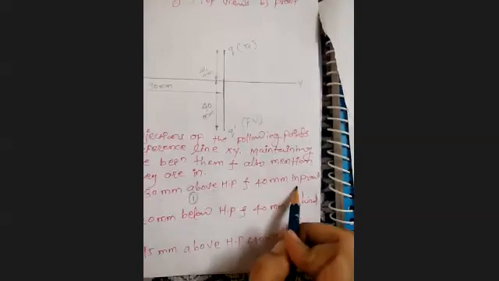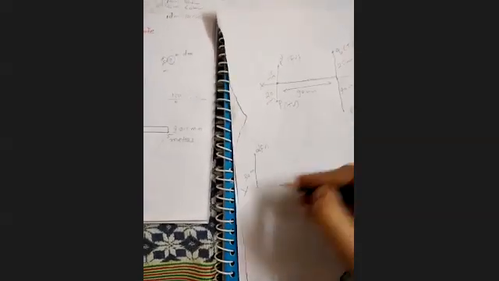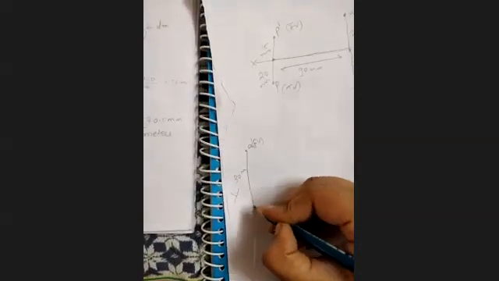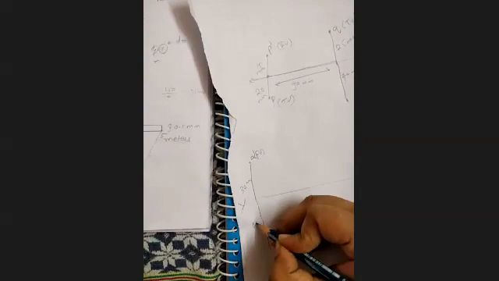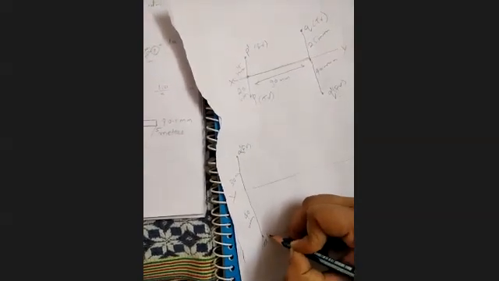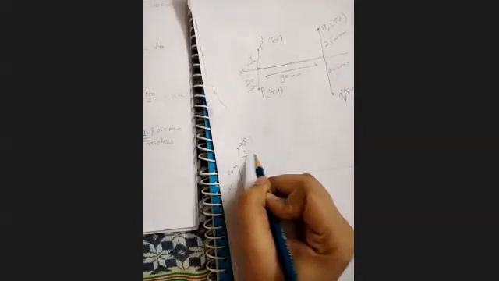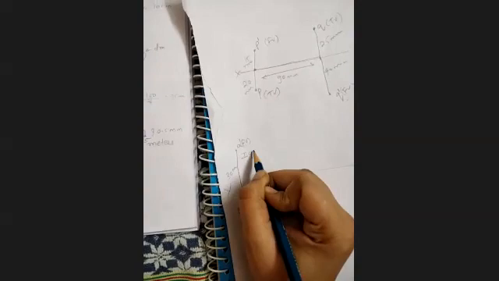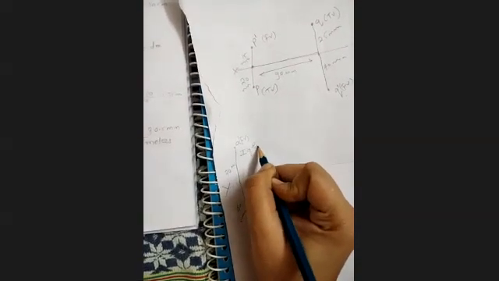After that, what are they asking? 40 mm in front of VP means downward, below the reference line, here, like this, 40 mm. And the name is A, top view. And the quadrant you have to mention like this: first quadrant.